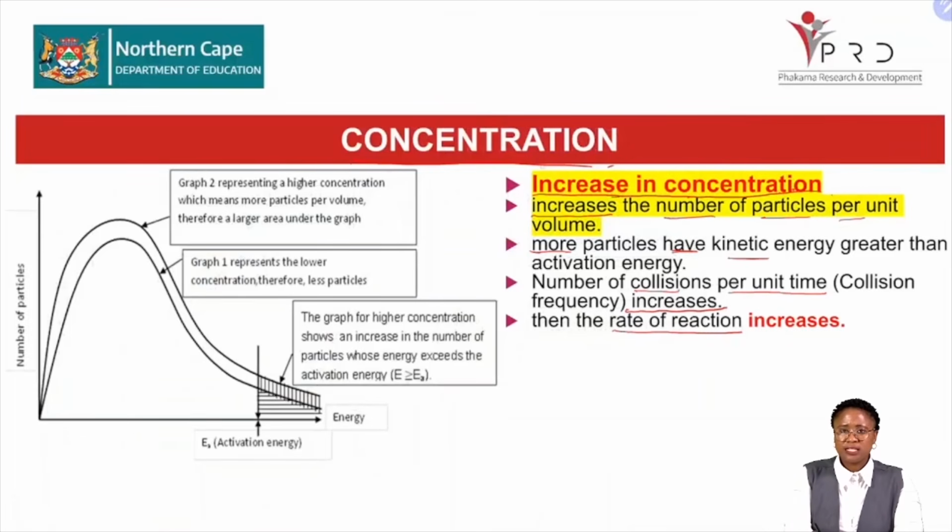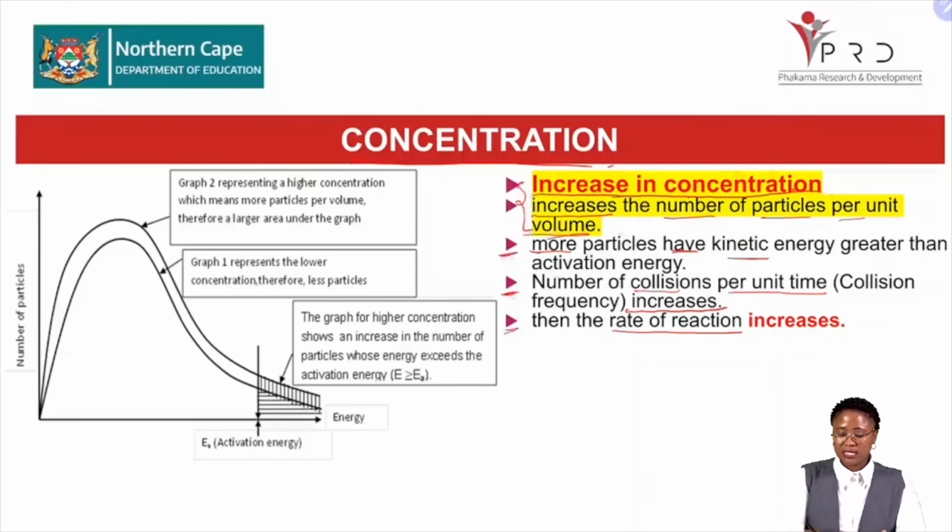You must notice something here on my slides. I have highlighted these 2 points because they are the only thing that is going to be different when you use the collision theory to explain why increasing concentration or increasing temperature affects the rate of reaction. The other 3 points, 1, 2, 3, are always going to be the same, depending on whether you are increasing or decreasing.